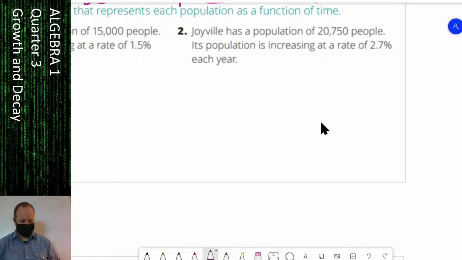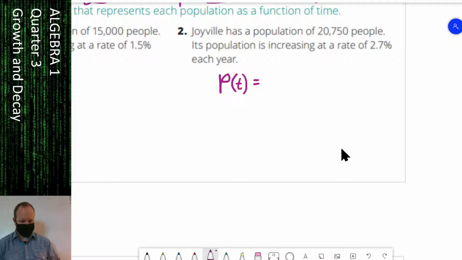So in your previous problems, our functions are named P for population. So P is a function of T for time. It's years, but we don't like to use Y because Y is generally our output, and it gets confusing if we're saying we're plugging in Y and getting a Y, and Y is actually our X. So that's why we use T for time instead of Y for years.